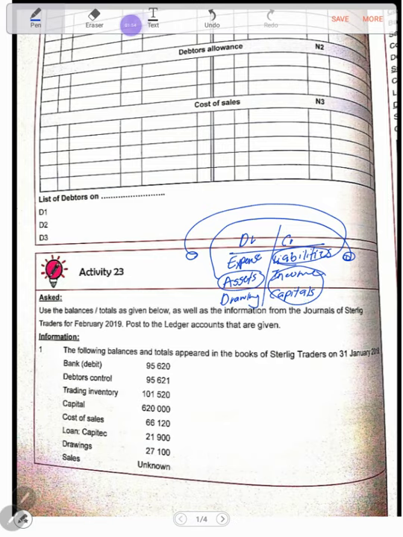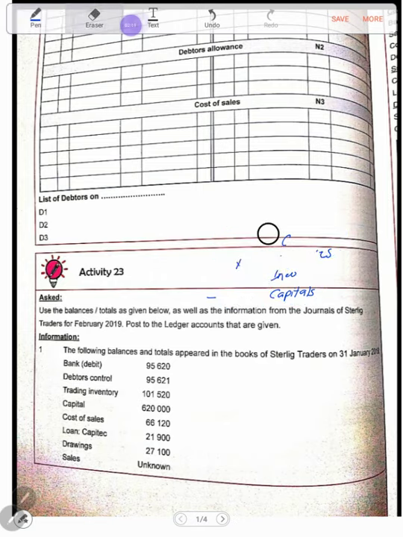However, when you are dealing with expenses and drawings, owner's equity will decrease on the debit side. Every time you pay your expenses, the worth of the business decreases. Every time the owner takes out drawings from the bank account, the worth of the business decreases. So please remember debit.